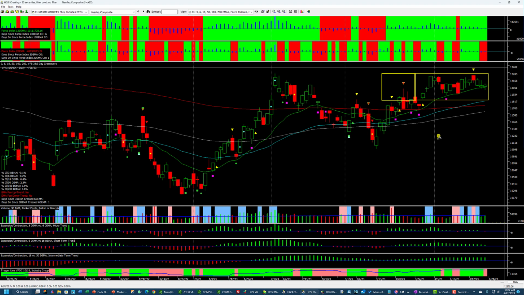So rather than just concentrating on the indexes, there are plenty of groups that have been moving, and that's where you really look to determine the internal structure of the market. This is a composite view. It really doesn't tell us a tremendous amount of what's happening underneath, but this is where we are with this.